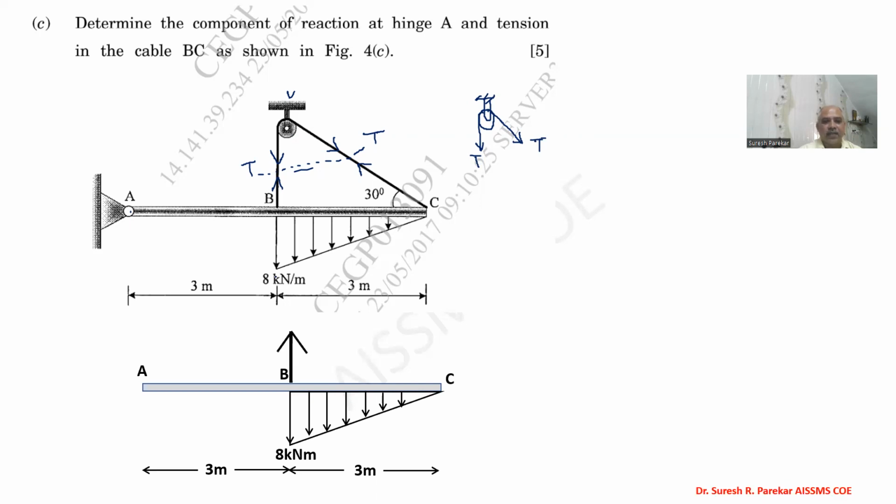We have T at B, with the arrow away from the joint, and at C again away from the joint, that will be T, and the angle made is 30 degrees. VA and HA will be the reactions. Now the total load is the area of the load diagram, 1/2 into 8 into 3: base 3 meters and height 8 kilonewton per meter.